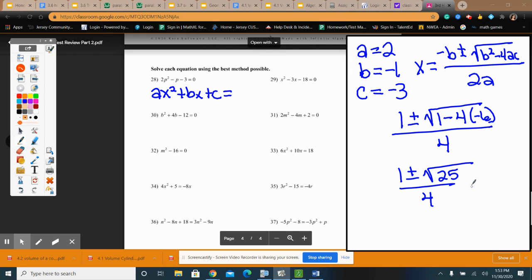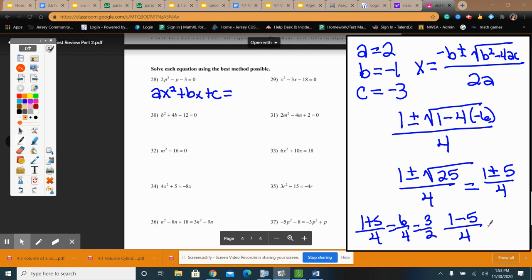Well, we know what the square root of 25 is. That's 5. So that's 1 plus or minus 5 over 4, which is 1 plus 5 over 4 or 1 minus 5 over 4. Well, 1 plus 5 over 4 is 6 over 4, which is 3 over 2. 1 minus 5 is -4 over 4, which is -1.